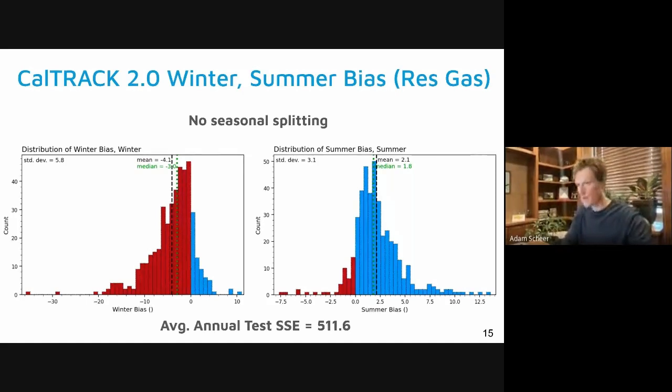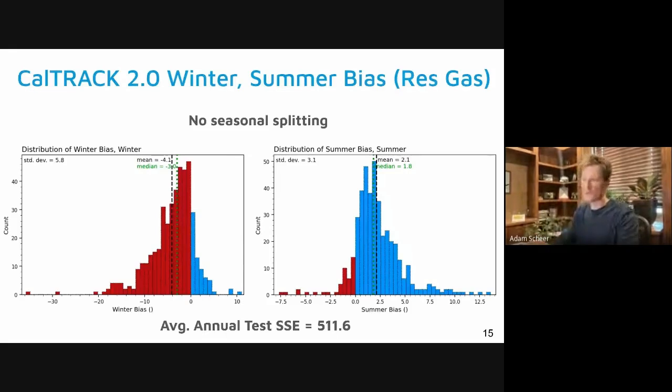But right now, we're actually optimizing these models under cross-validation. So take that with a grain of salt. But we're seeing the exact kind of behavior that we would expect to see, that we've known exists in the Caltrack 2.0 model.